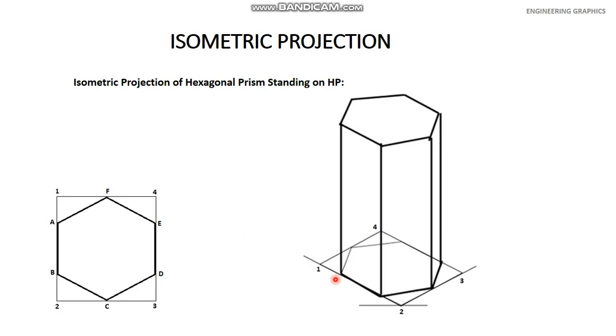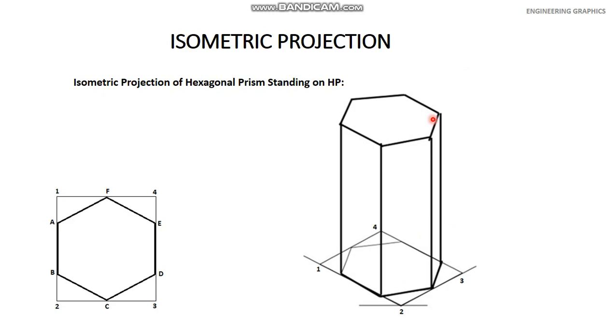Now from each corner of this hexagon, take the vertical lines equal to the height of the prism which is given to you in numerical statement. So from this corner, from this corner, from this corner, from this corner and from this corner also, from all the 6 corners take a height, and then join the points at the top, and you will see a hexagon at the top also similar to the hexagon at the base.